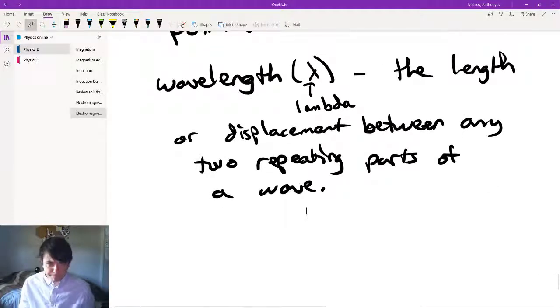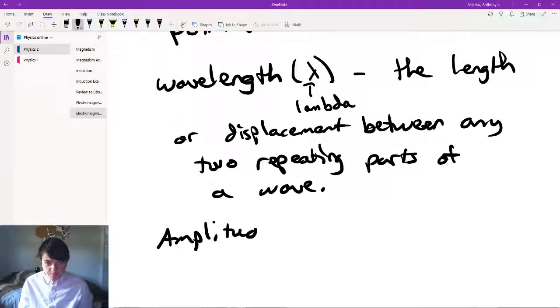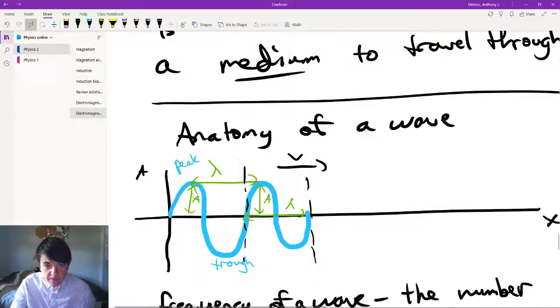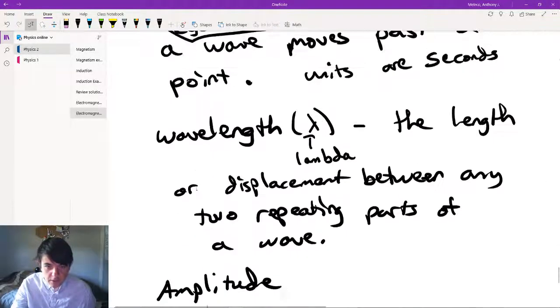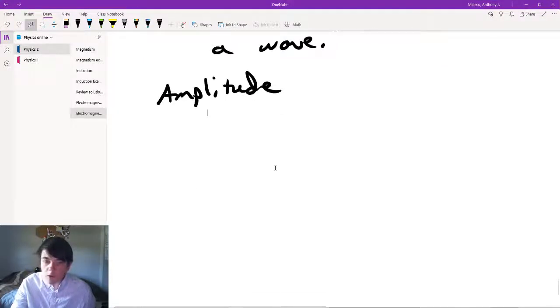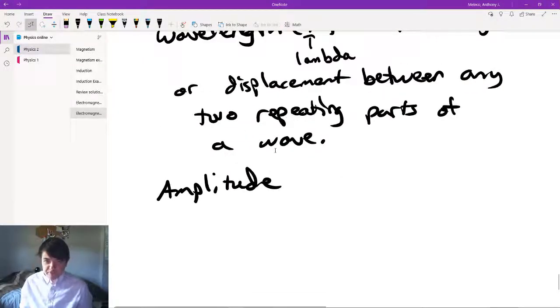we're almost done. Amplitude is another one, and you can see right here, I kind of labeled it. It's the peak from 0 to the peak. Okay. But what the amplitude represents is kind of like the size of the wave.